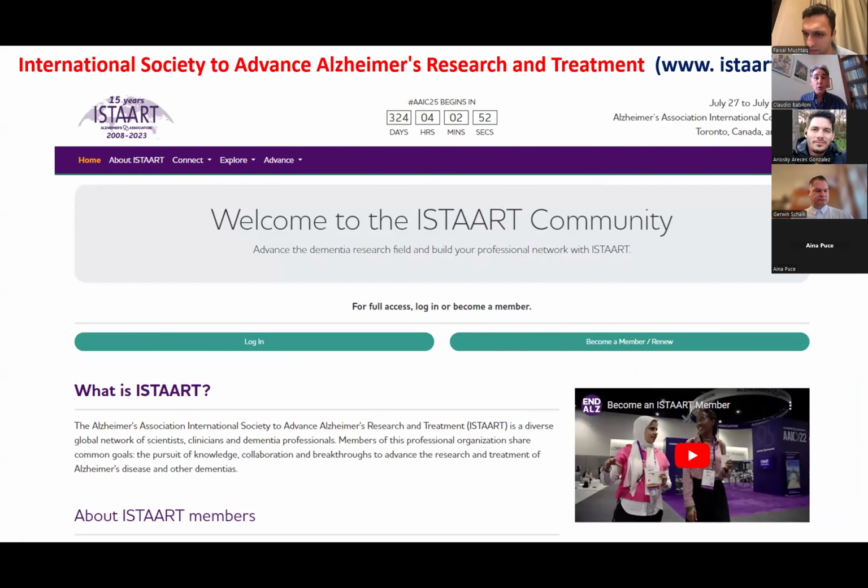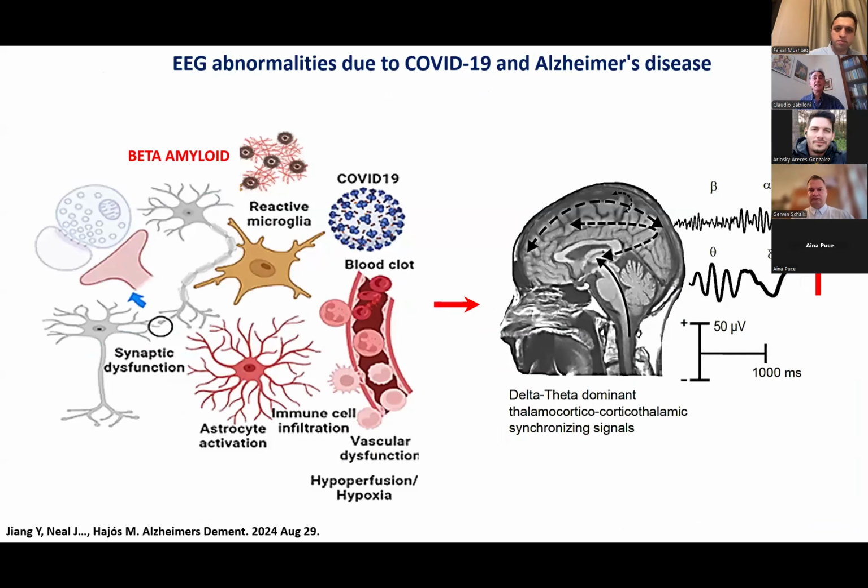Another global group was from Alzheimer's Association. And you see that the recent outcome was a review of the literature to demonstrate that COVID-19 brain fog, and so people after the positivation, so no more virus, they still have some difficulties in concentrating, some mental fog, in some cases also some cognitive deficits.